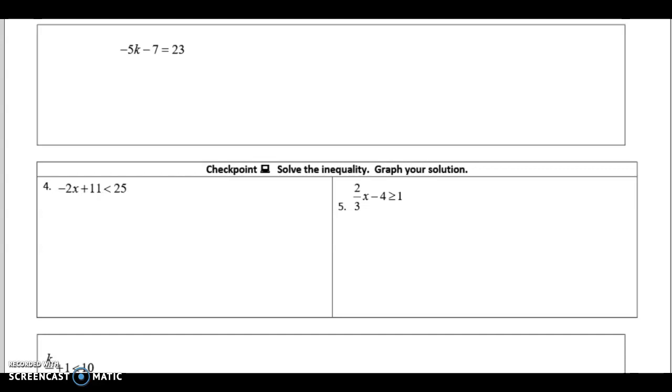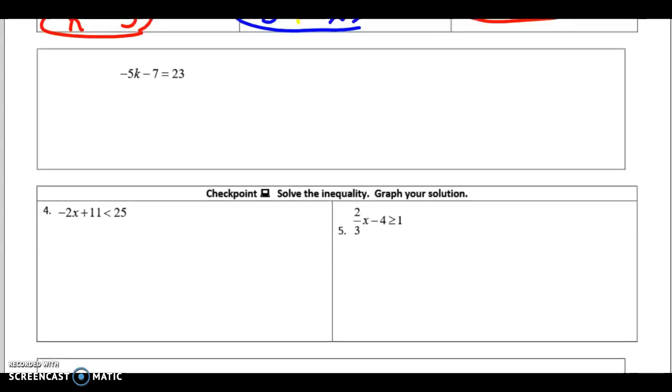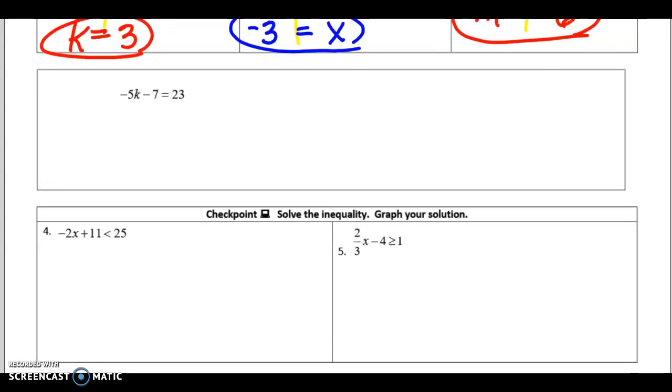And then I'm going to pick up down here again, just dealing with some inequalities. So remember our inequality rule. If you multiply or divide by a negative, you flip the sign. Again, we're going to get rid of the 11 first.